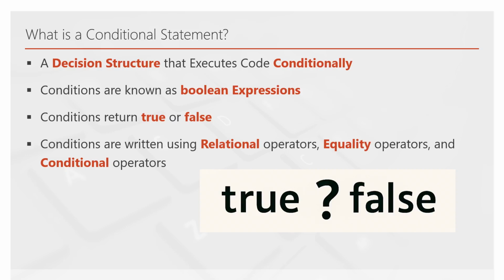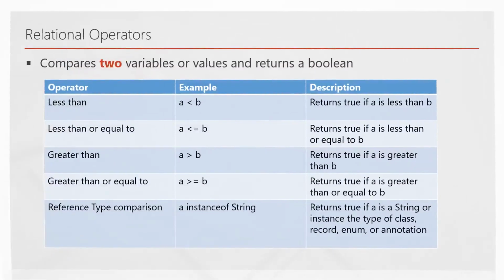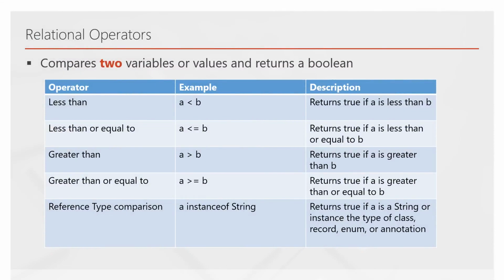Conditions are also known as Boolean expressions. Conditions return true or false values, which are Boolean values, and conditions are written using relational operators, equality operators, and conditional operators. Here is a table that shows relational operators.